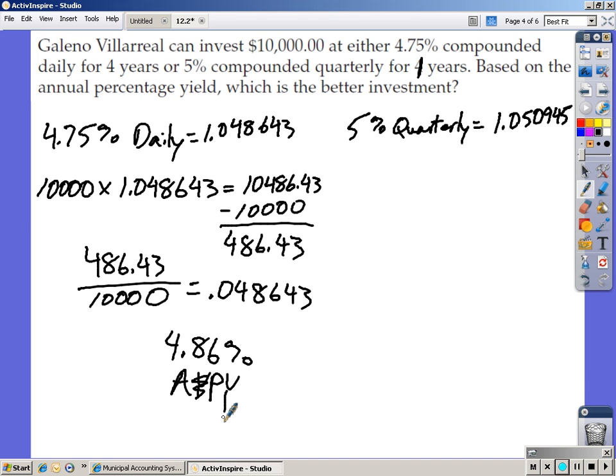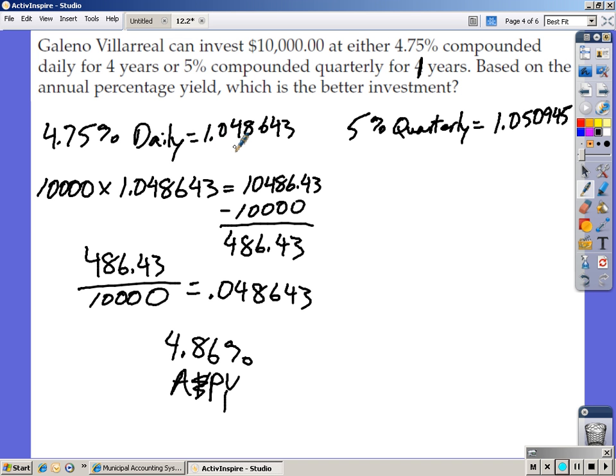Now, anytime your number is based on 10,000, guys, it should be real simple. Okay, when your number is based on 10,000, notice it's 4.86 APY, 486. It's right here. You just drop the first part off.